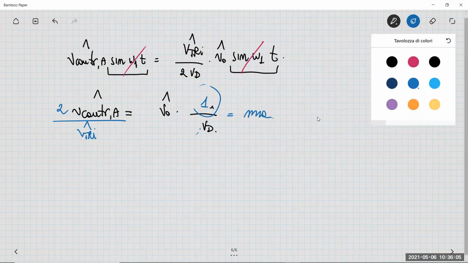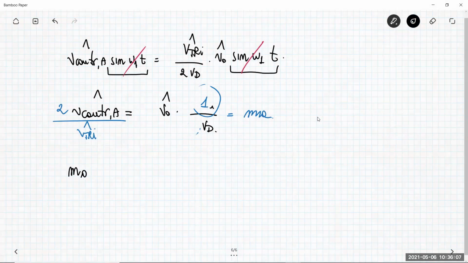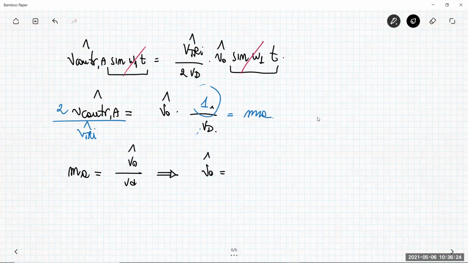So at the end, we derive that the amplitude modulation factor of our inverter is exactly V naught over Vd, or in other terms, the peak value of the output fundamental component is given by MA multiplied by Vd.